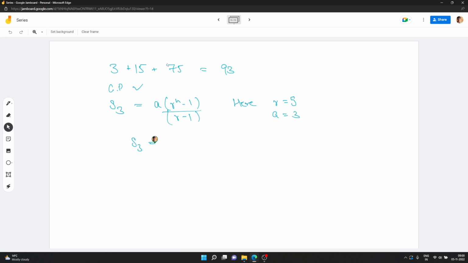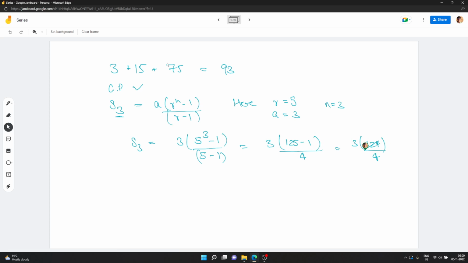Let's just put in the numbers. a is 3, r is 5. Here n is again equal to 3, right? Because we want to find S3. So 3 times 5 cubed minus 1 by 5 minus 1. So this is equal to 3 times 125 minus 1 by 4. So that's 3 times 124 by 4.